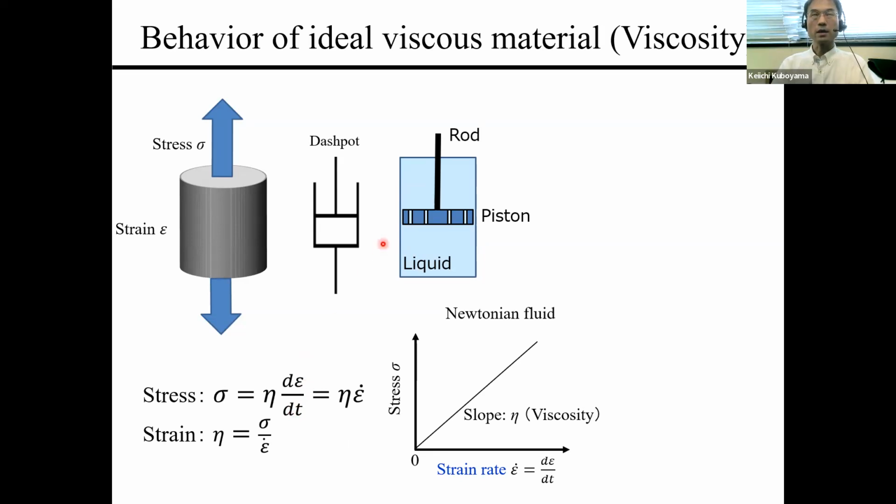So in this case, as I mentioned in the case of the water, the force generated by the stress is not proportional to the strain, but to the strain rate. When you move the rod, force is generated, stress is generated. So in the case of a viscous material, the stress is generated by the strain rate, and that is proportional to the stress, like this.